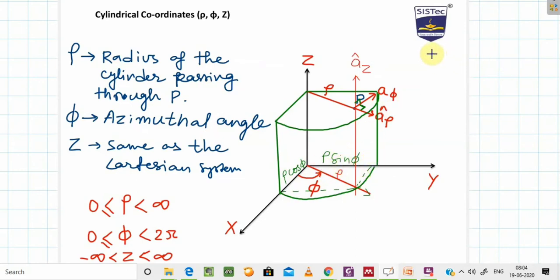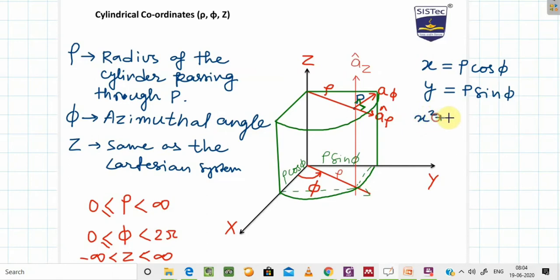You know that by squaring and adding, what we can have?